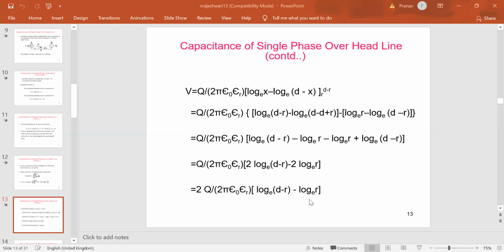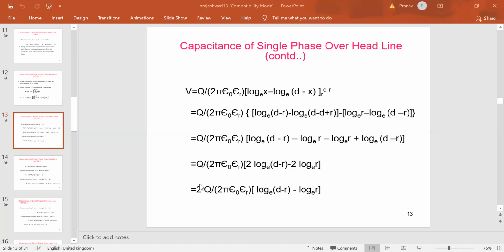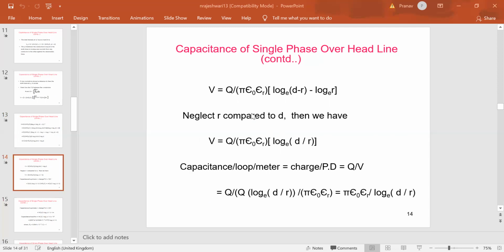So this is the final equation, with numerator 2 and denominator 2, so the 2 can get cancelled, and finally V is equal to q by pi epsilon naught epsilon r, log of d minus r minus log r.